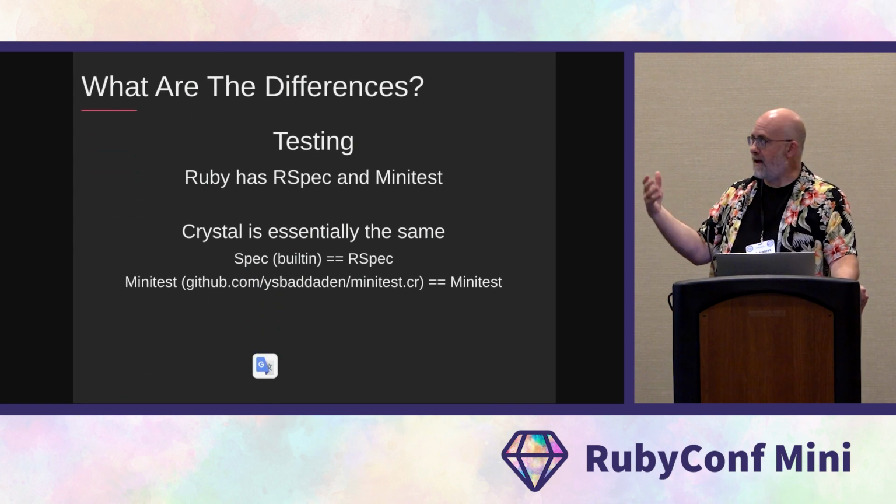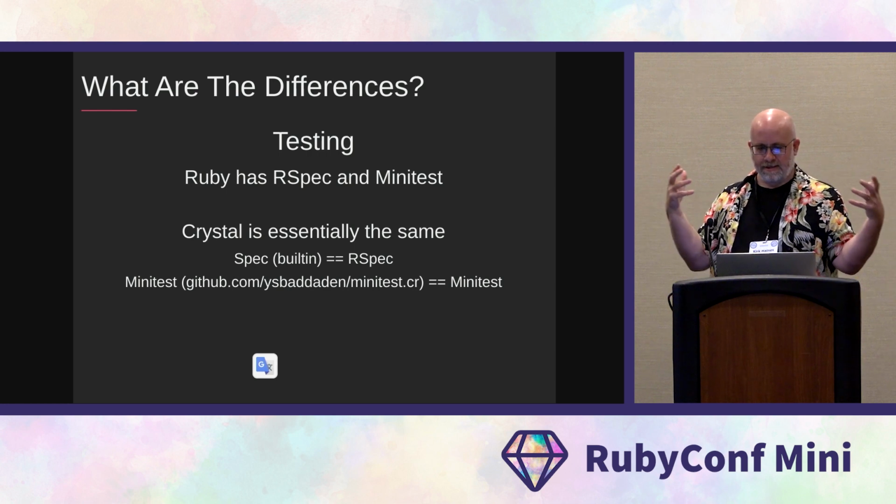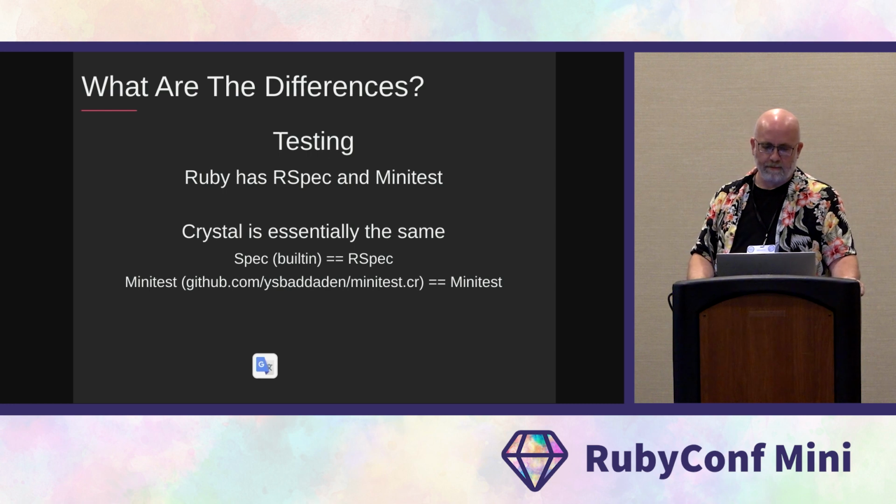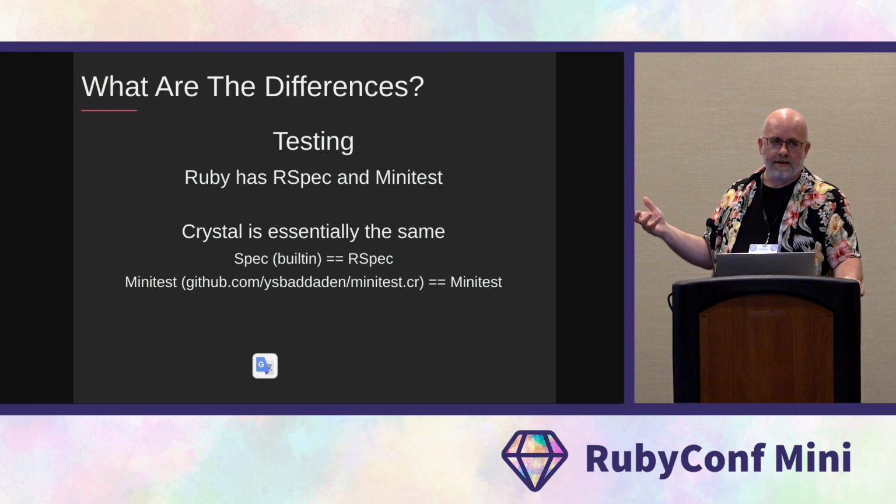Yeah, so Ruby has strong testing history, and the two main testing libraries are RSpec and Minitest. And Crystal essentially has the same thing. Its testing library is simply called Spec, and it's built in to Crystal, and it is extremely similar to RSpec.